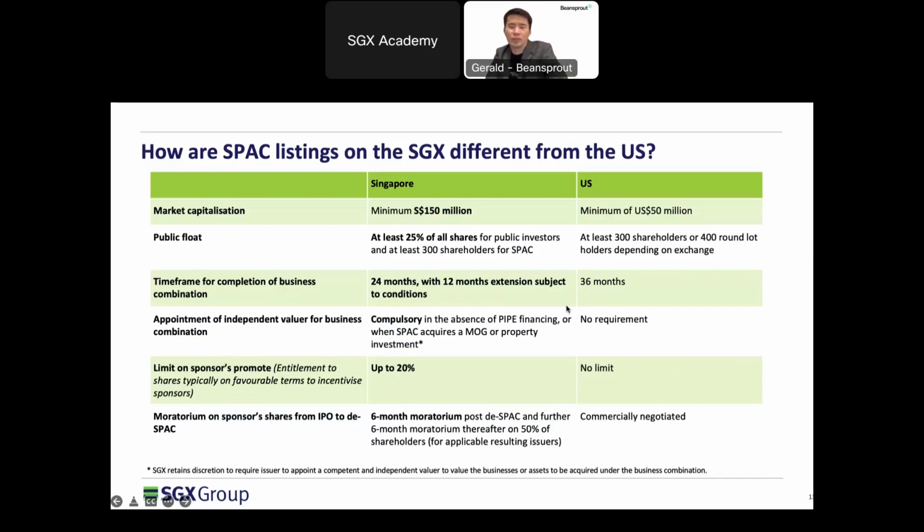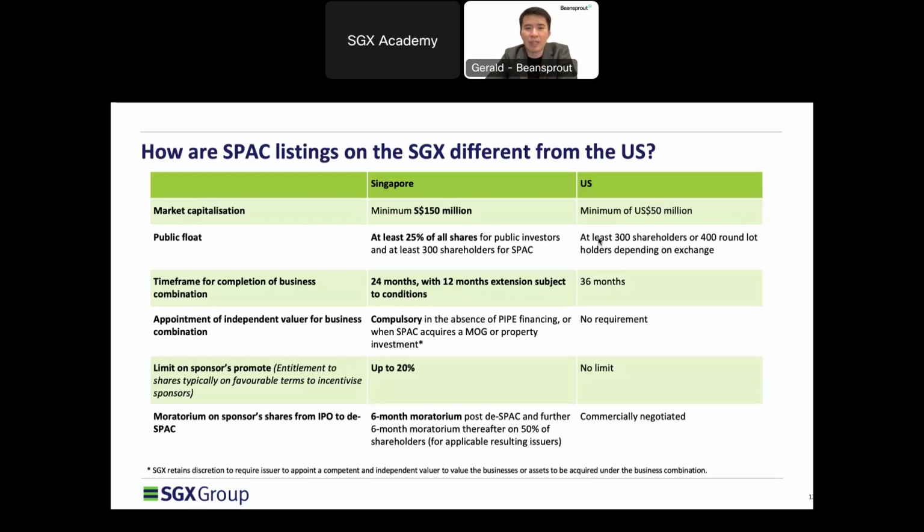Okay, so we talked about some of the protection mechanisms earlier. So once again, this is a recap. If you have already been following the US SPACs closely, this is how the Singapore rules actually differ from the US rules. I spoke about the fact that they need to complete the business combination within a certain period of time. So in Singapore, the limit is 24 months, and there is the potential for them to extend for another 12 months, subject to certain conditions.